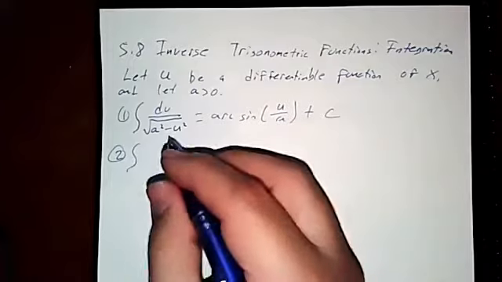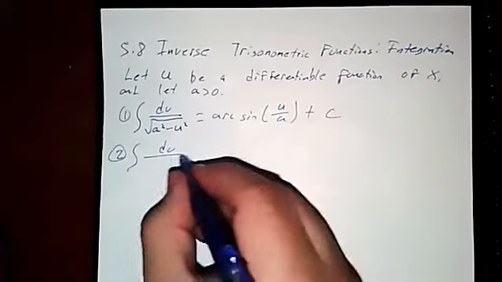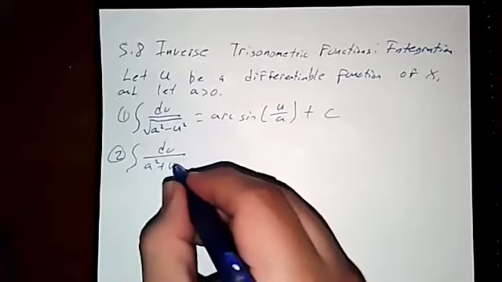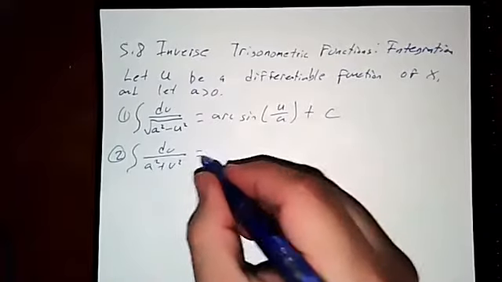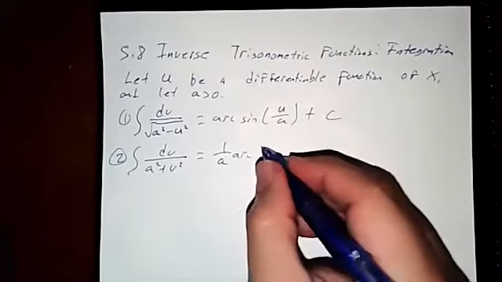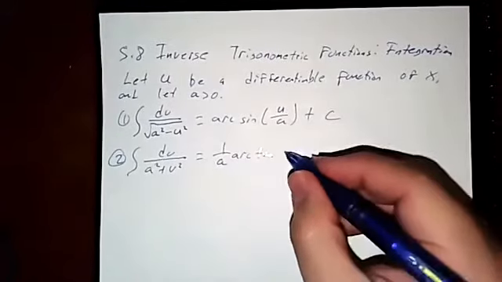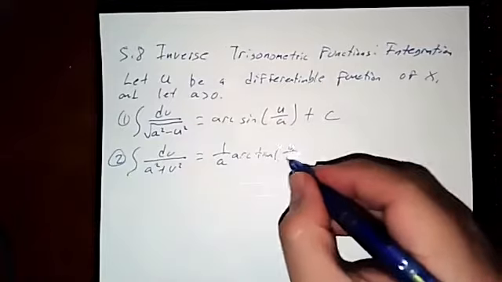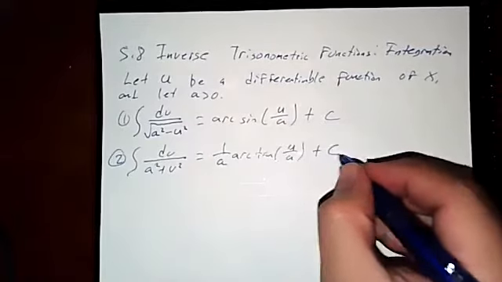Number 2, the integral of du over a squared plus u squared is equal to 1 over a arc tan of u over a plus c.